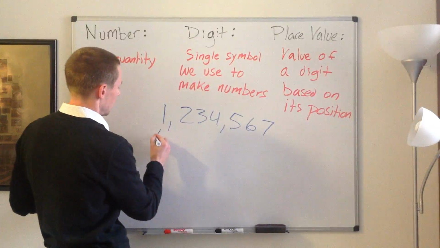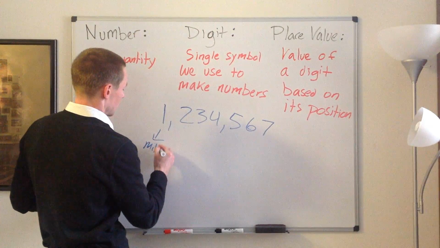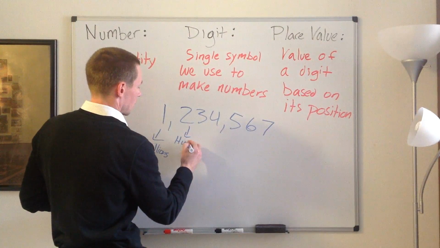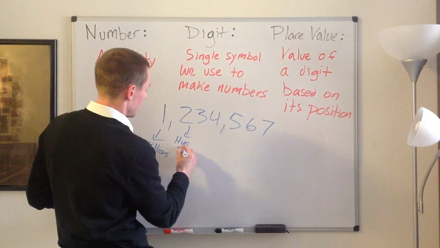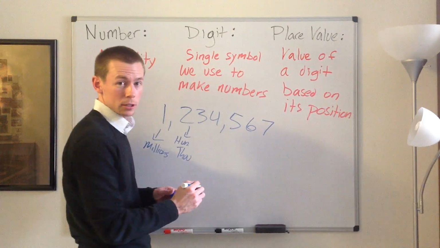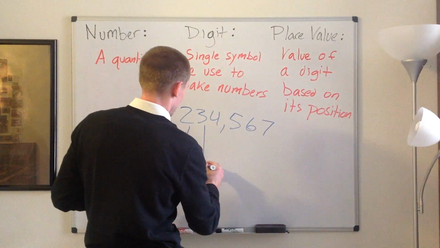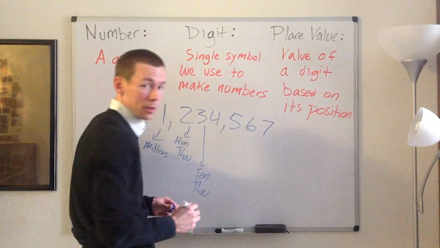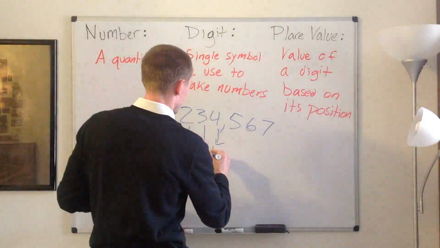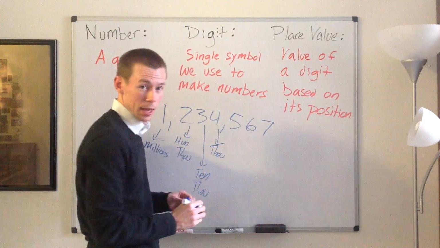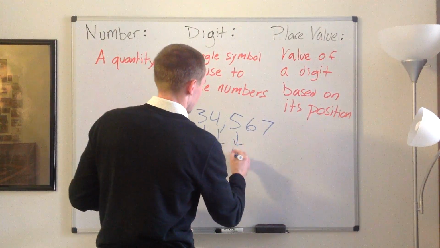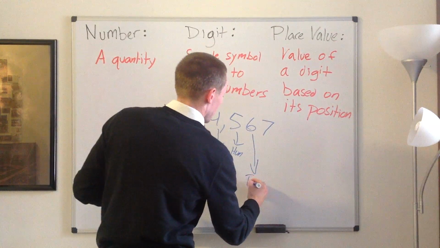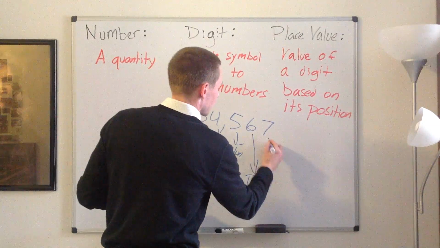So our number is, so millions, I'm going to abbreviate, 100 thousands, and thou for thousands, 10,000s, just thousands, hundreds, tens, and ones.